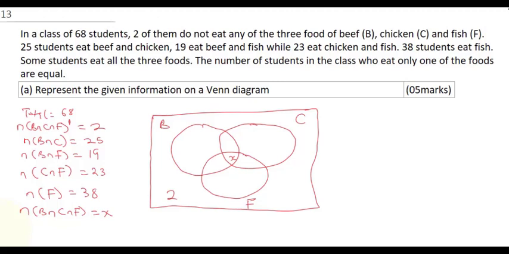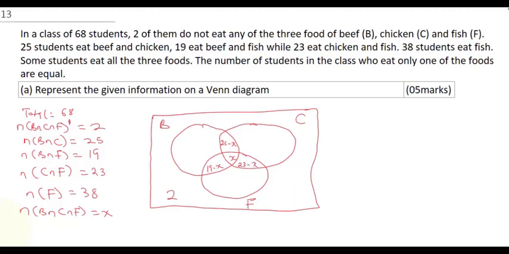Now beef and chicken is going to be 25 minus X. Then beef and fish is going to be 19 minus X, while chicken and fish is going to be 23 minus X.